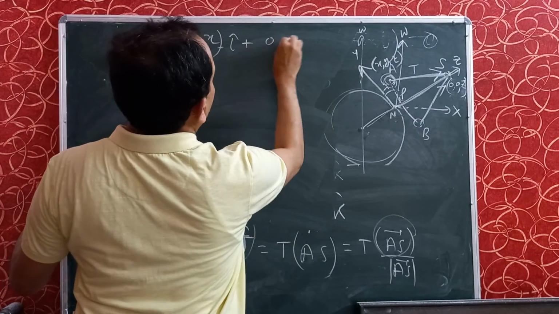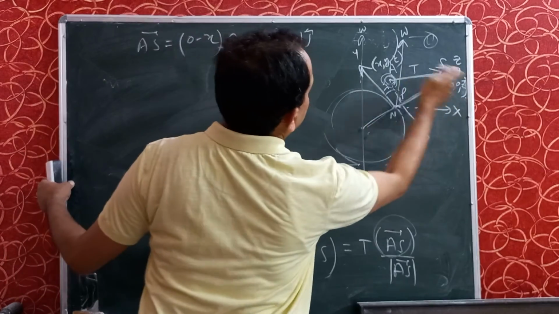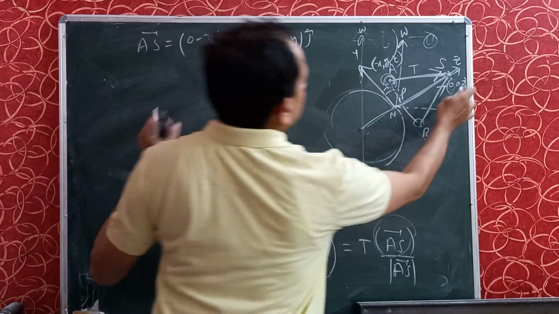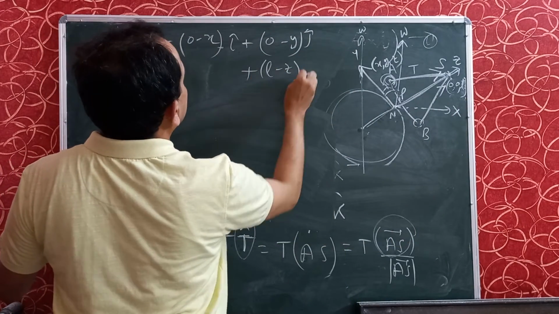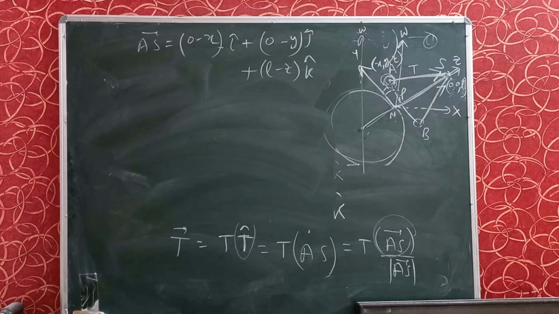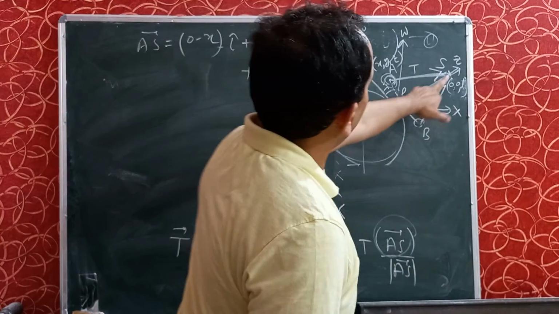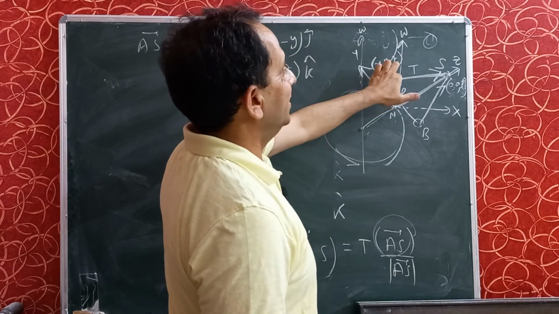Similarly, 0 minus y into j, plus L minus z into k, where the length of the pendulum is L. Is it clear now? The coordinates of S are 0, 0, L and the coordinates of A are x, y, z.